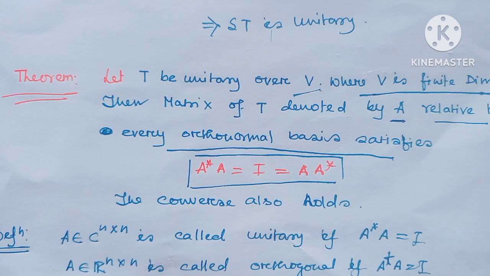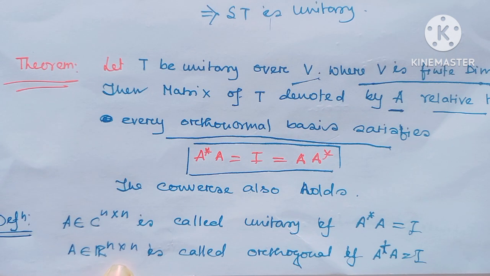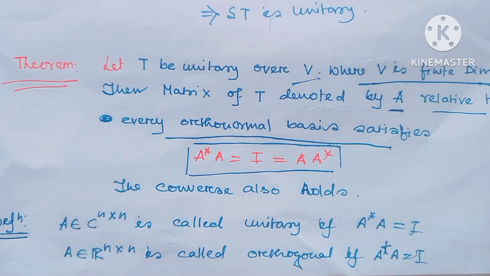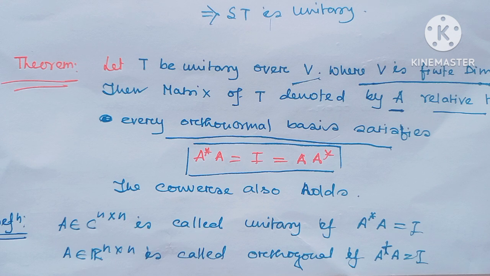If A is a complex n cross n matrix, it is called unitary if A star A equals identity. Also, in the real case, it is called orthogonal if A transpose A equals identity.